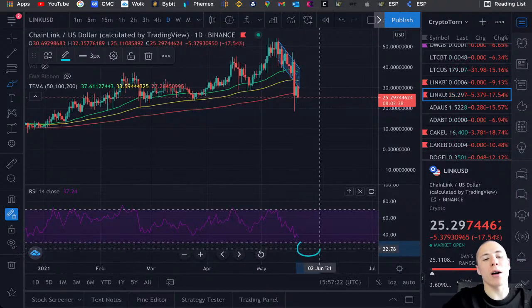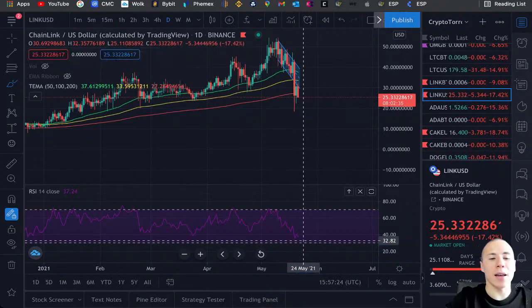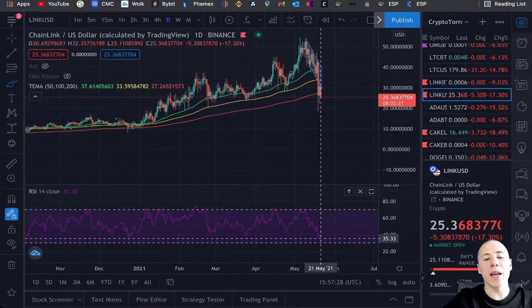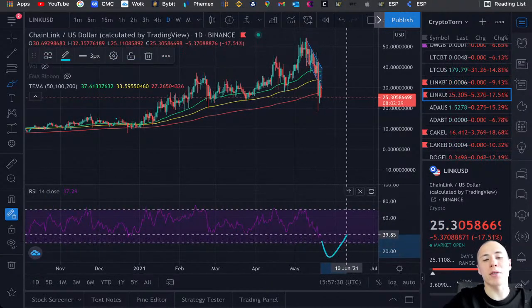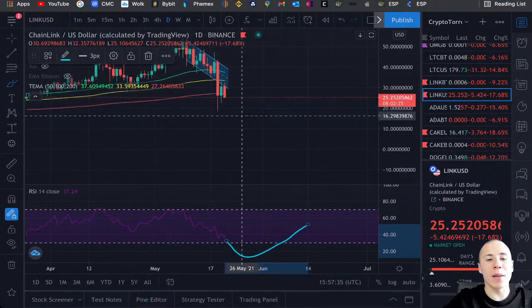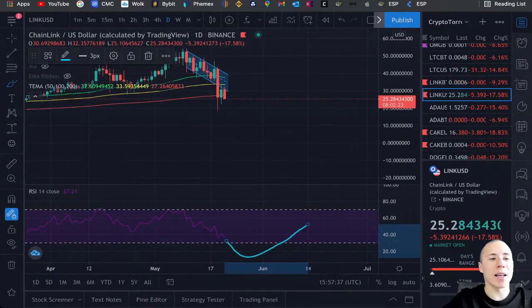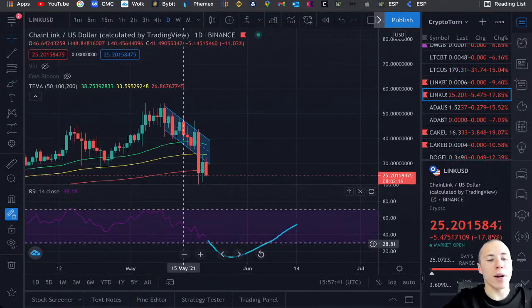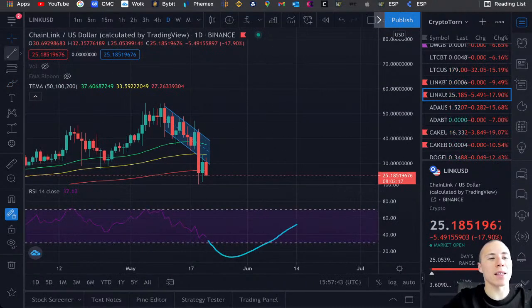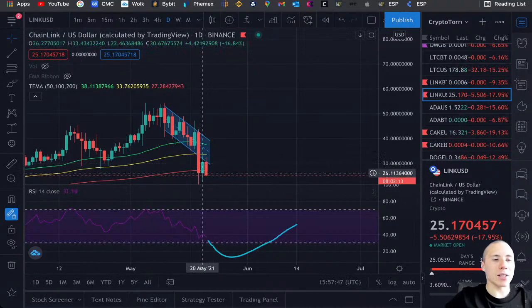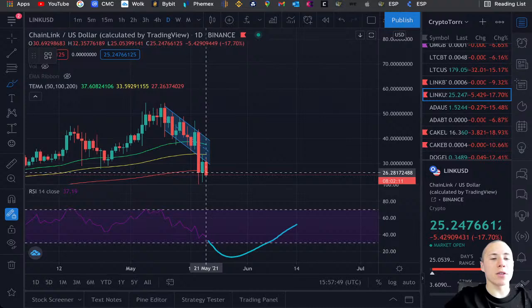And once we are in the oversold area on the RSI, most of the time the RSI wants to re-enter the purple box, and once it re-enters the purple box, it will also be seen in the price action of Chainlink, especially because if the buyer strength increases, we will also see the price action of Chainlink go towards the upside.